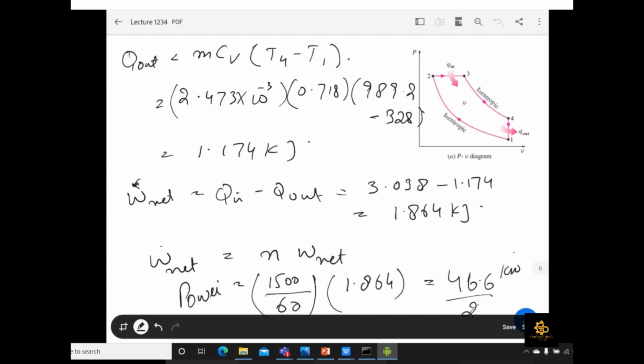That's why it is not used in automobiles, and spark ignition engines are more reliable and durable than two-stroke engines. So this is the question related to two-stroke as well, and we have also calculated the power. If you have any question, you can also ask me.